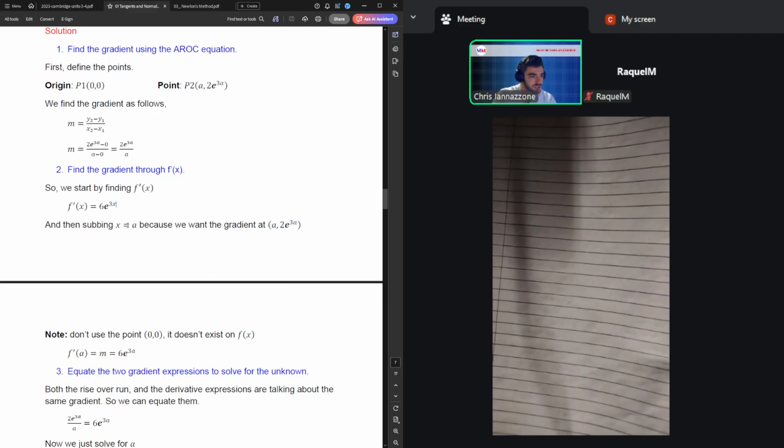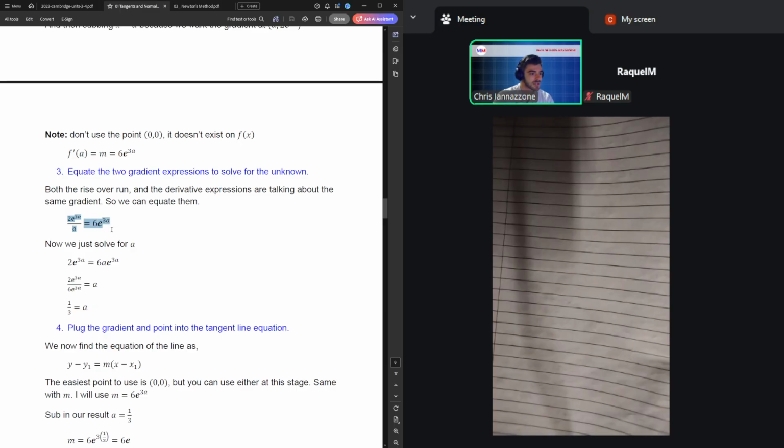So instead of just using the generic x in f dash of x, we're going to replace it with a, which obviously doesn't really do much, but it makes your working out a lot clearer. So effectively, this expression for gradient is the same as this expression for gradient. Because they are the same, they can be made equal to each other, thus cutting out the middleman. There's only one variable left. The rest of this is just rearranging and solving for a.